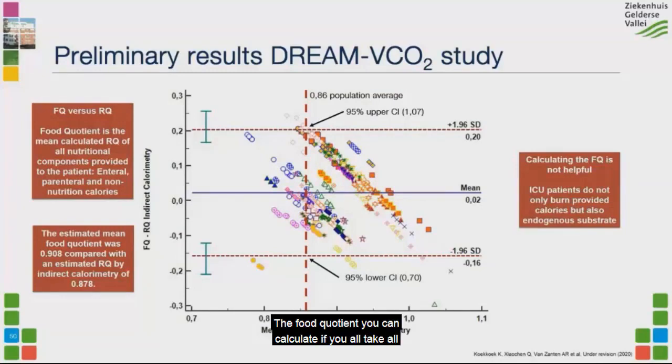The food quotient you can calculate if you take all the nutritional components of enteral, parenteral nutrition, also non-nutritional calories like from propofol or citrate or glucose or dextrose, and you calculate all those calories, you can calculate the actual food quotient. And we found that it was not so different. The food quotient in our study was 0.90, and measured by indirect calorimetry it was 0.86.